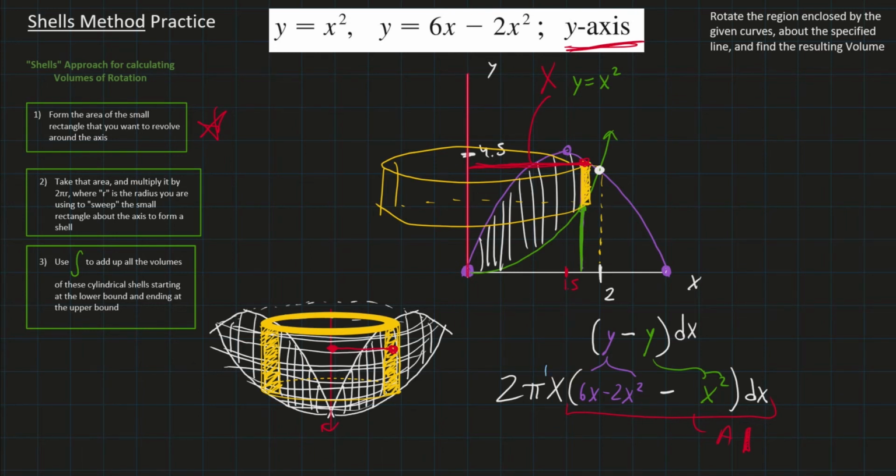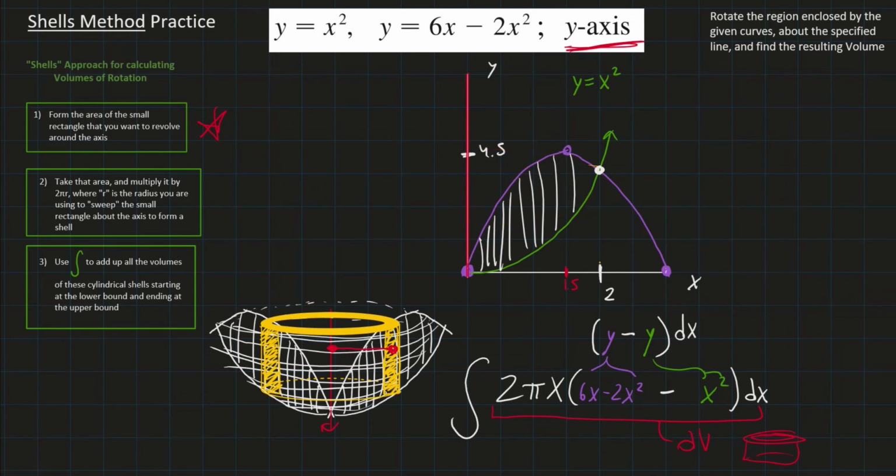And it's okay just to write x because the rest of our equation that we built up is in terms of x. This is officially a dx integral. So now my equation gives me the volume of one of our very thin cylindrical shells, and now I want to add up all of these small shell volumes.